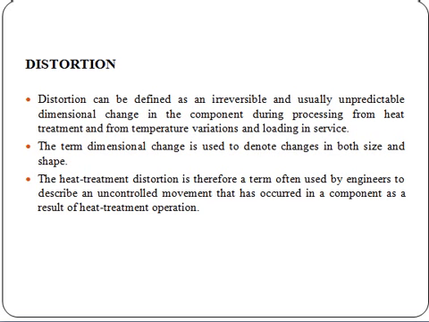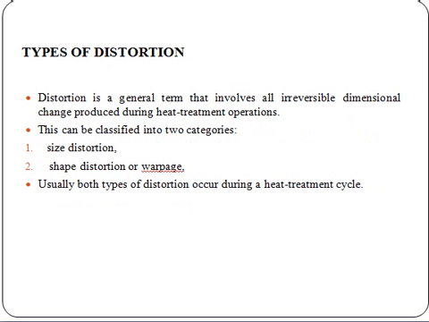We will discuss this by types. Types of distortion. Distortion in general terms involves all irreversible dimensional change produced during heat treatment operation. This can be classified into two categories: size distortion and shape distortion or warpage.